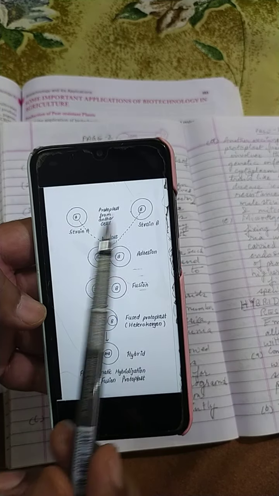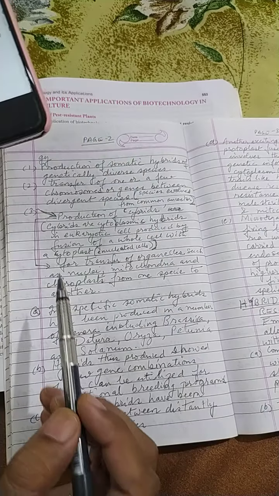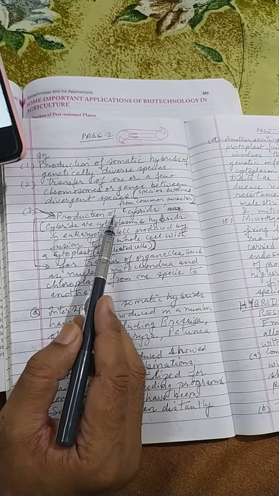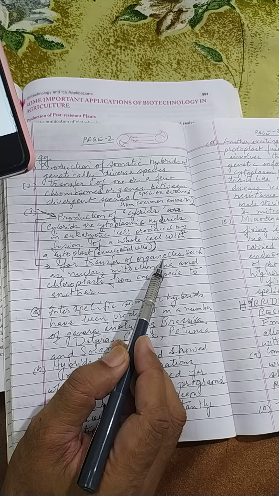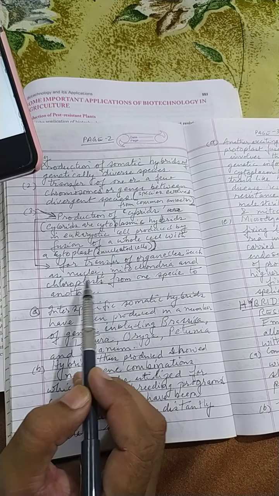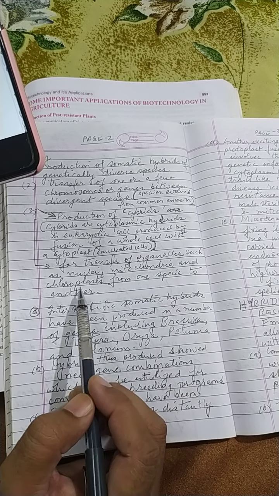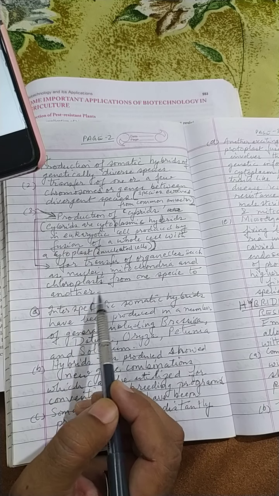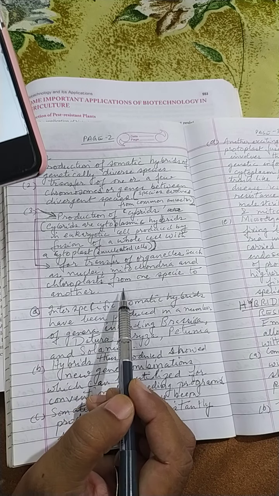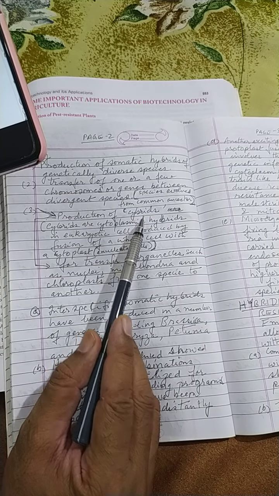This combined hybrid is known as a cybrid. Cybrids are made for the transfer of organelles such as nuclei, mitochondria and chloroplasts from one species to another.